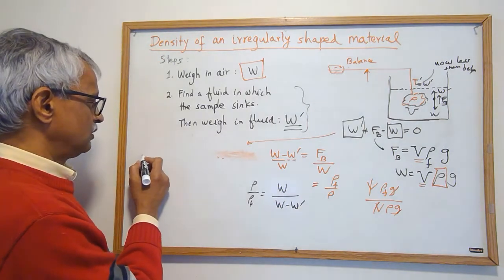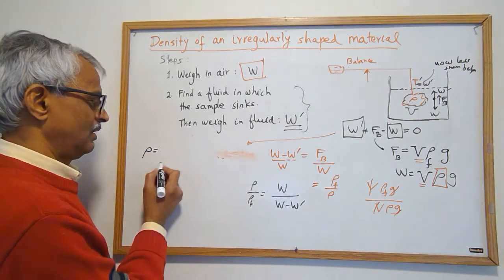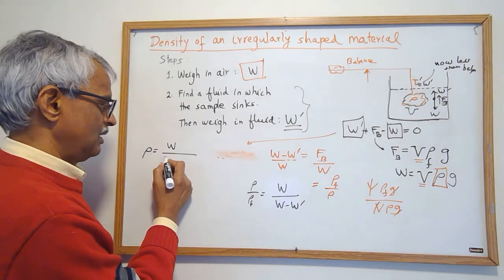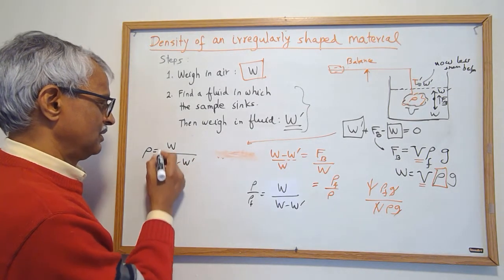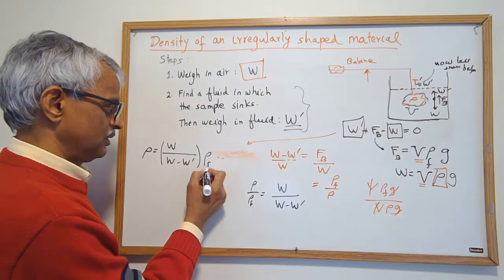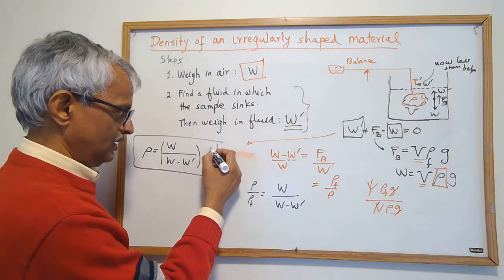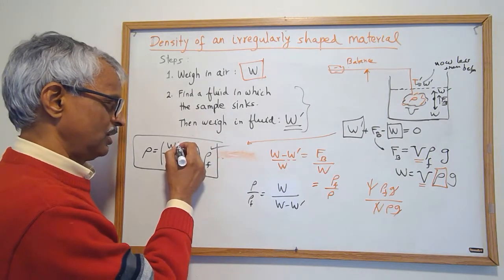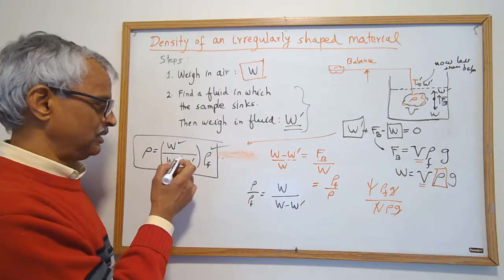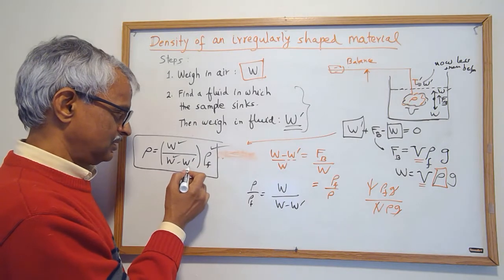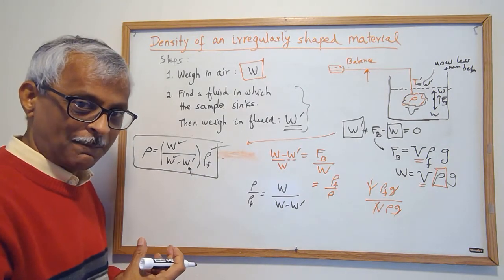So my final answer will be rho of my stuff equals W over W minus W prime times rho of the fluid. From all this, I know the fluid's density, I know how much my material weighs in air, and how much it weighs when it's fully submerged.